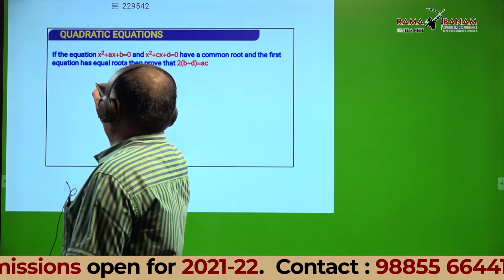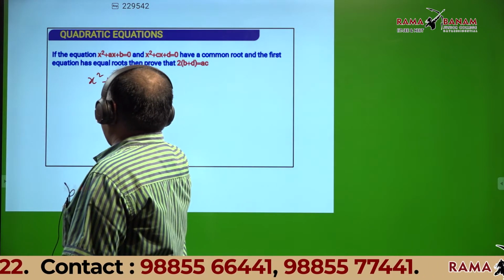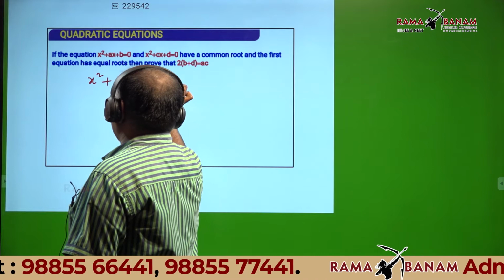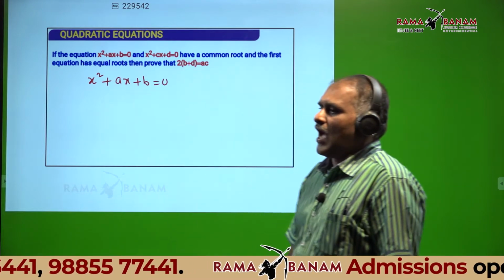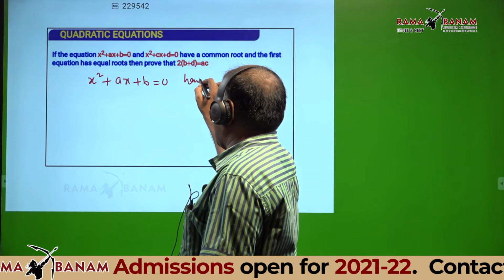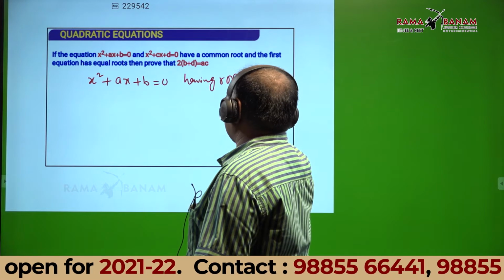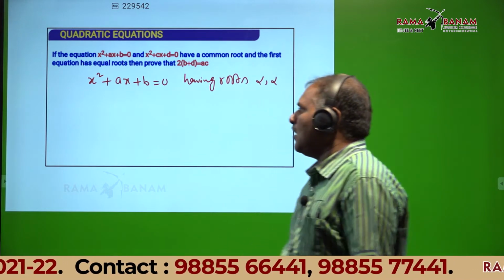Consider x square plus ax plus b is equal to 0, having equal roots alpha comma alpha.